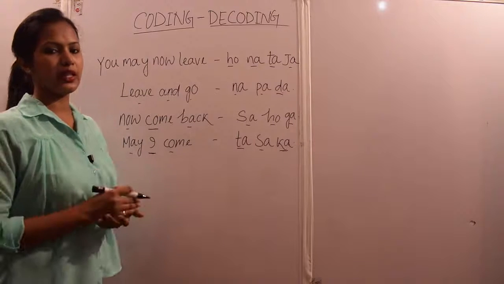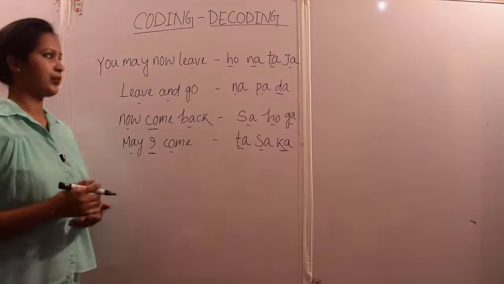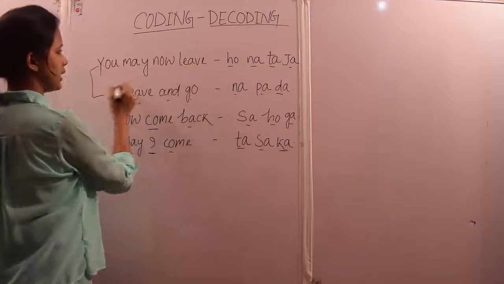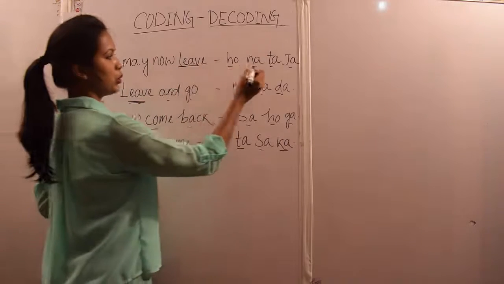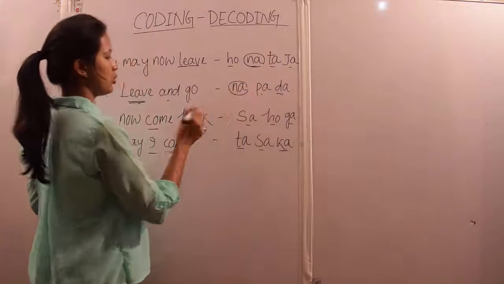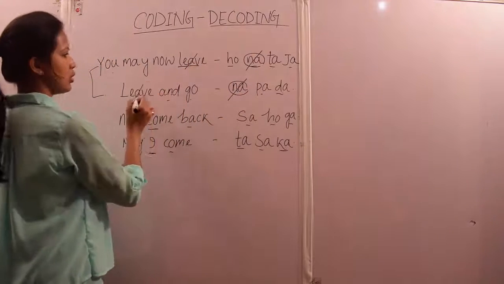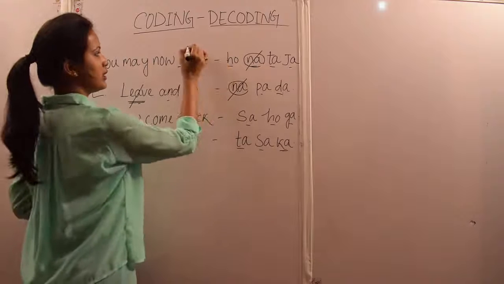The best method to solve this type of question is the omitting method. Here the common word between the first two sentences is leave, and the common code between the two is na. So in the omitting method I will cut these. So the code for leave is na.